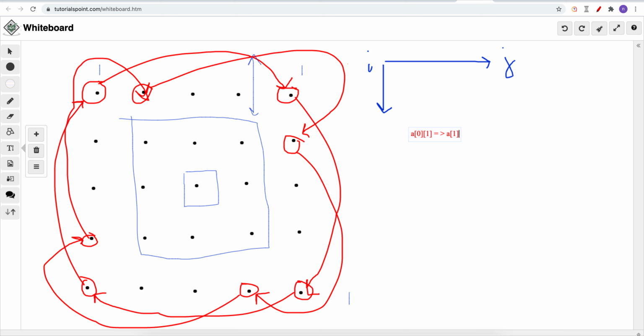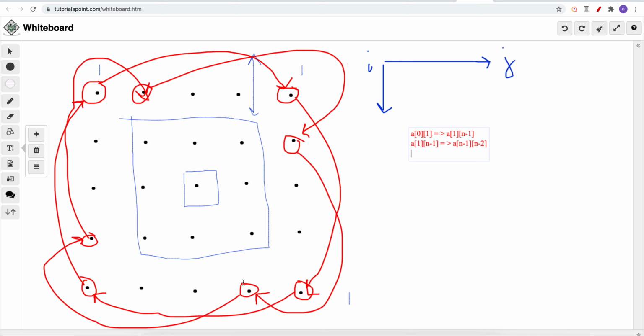So I goes to 1, J goes to n minus 1. And now we are considering this node, n minus 1, so this node goes to this node. Here J is n minus 2 and I is n minus 1. A of n minus 1, n minus 2.